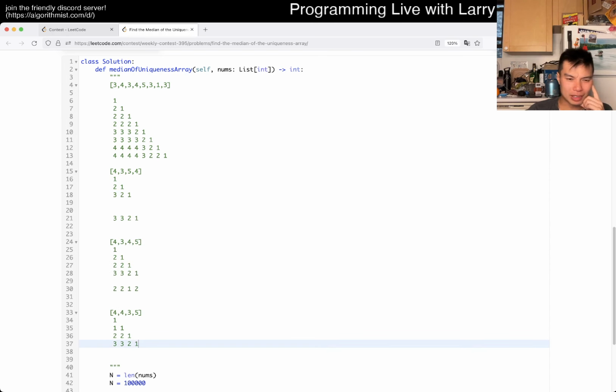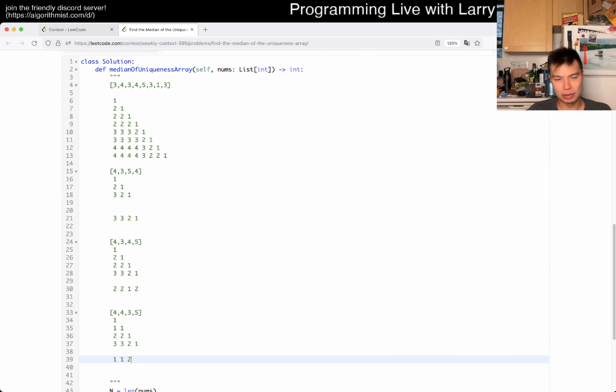Doing this way, and then this force contribution is just going to be 1, 1, 2, 3, which isn't quite right. I'm doing this a little bit wrong.